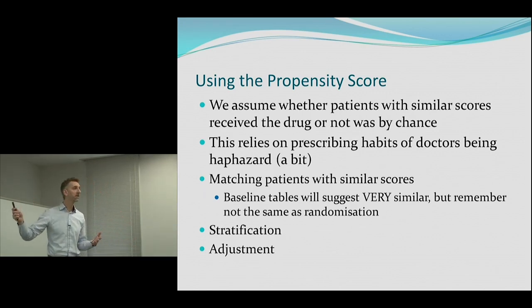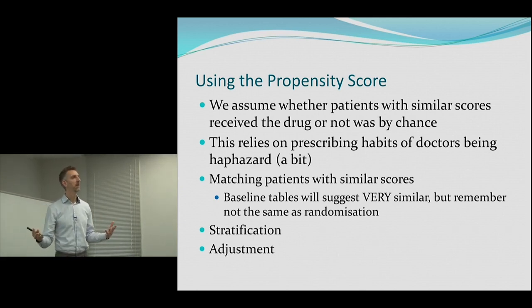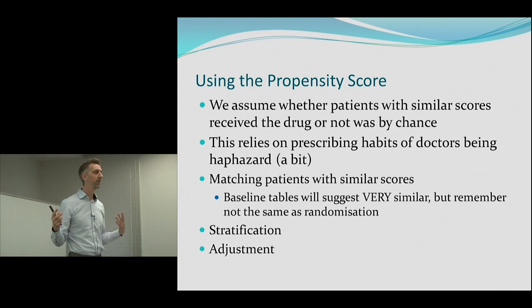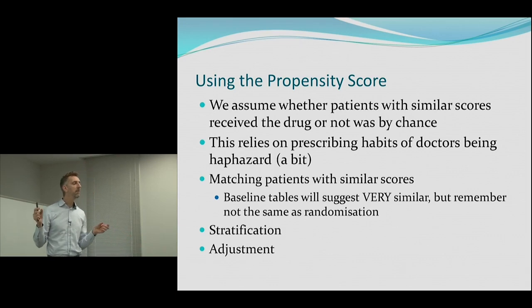It means that for us as investigators, we can make use of this variation. And there are potentially three major things that we can do. We could match patients who've got very similar scores to each other. So for every statin user, I could match them with a non-statin user with a very similar score. What happens if I can do that?